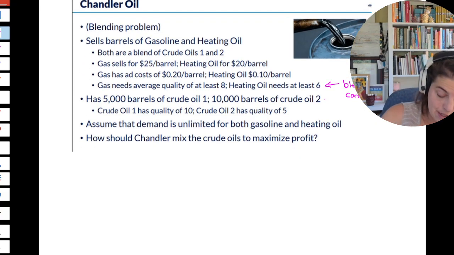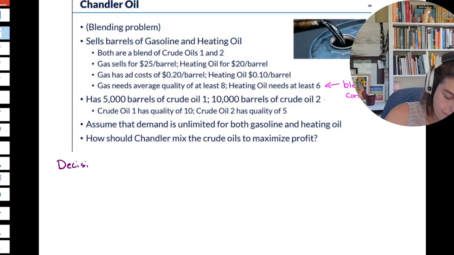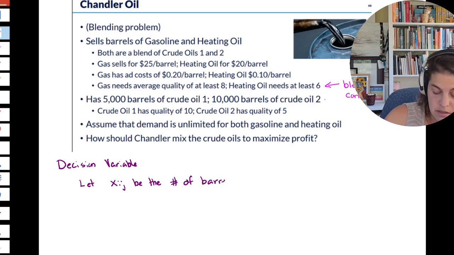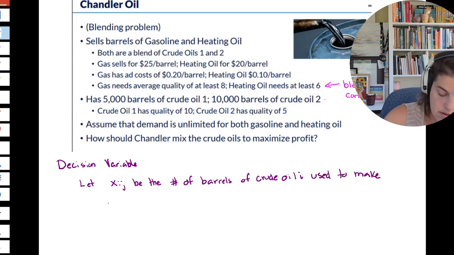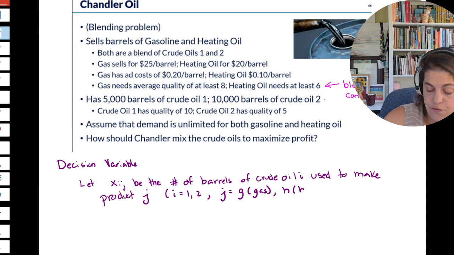So we're going to start with our decision variables. We're going to say let Xij be the number of barrels of crude oil i used to make product j, where i is going to be crude oil 1 or crude oil 2, and j is going to be G for gas and H for heating.